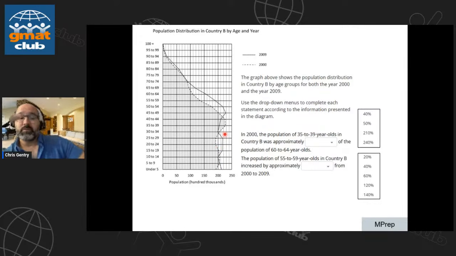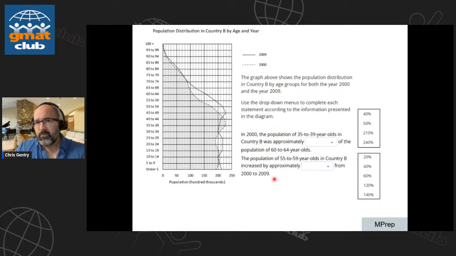And so in terms of a trend, one thing that I might want to be aware of is that it appears that the average age in this country skewed up from 2000 to 2009, because I've got a significant amount of space here where in 2009, we are seeing more people at older age demographics than we saw in 2000.